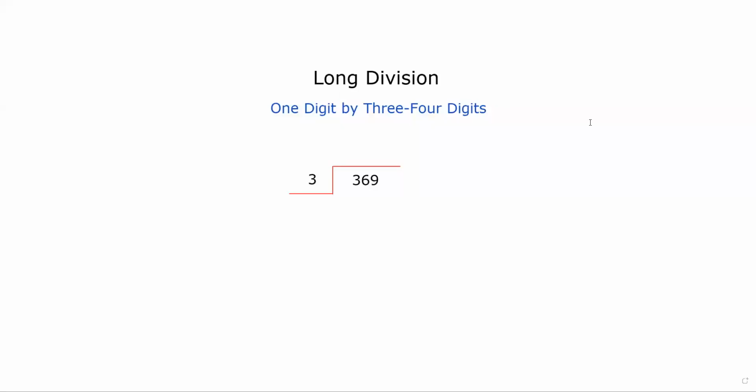So imagine that you want to know the answer of 369 divided by 3. A lot of times you can find ways to do it mentally, but you would get stuck and it gets harder as you go for larger numbers.